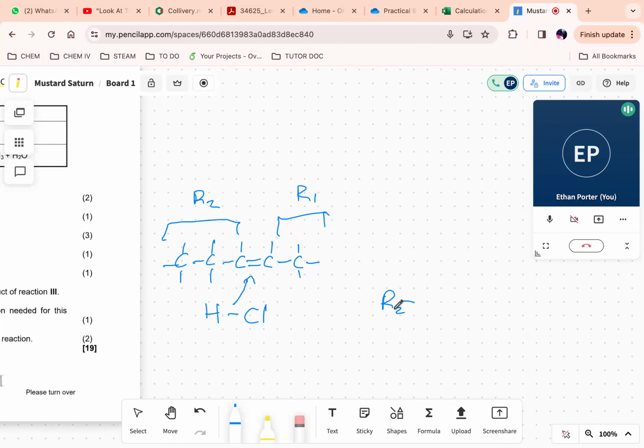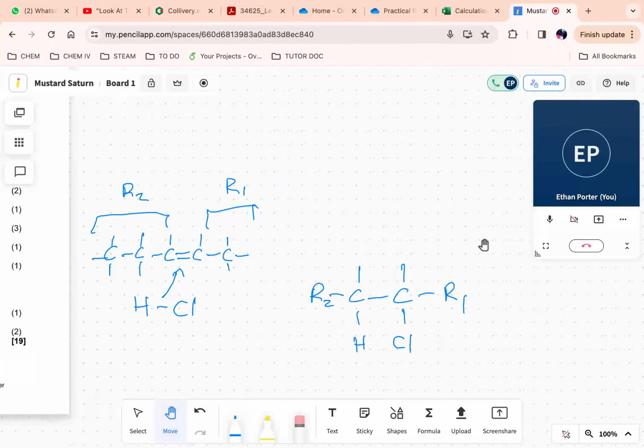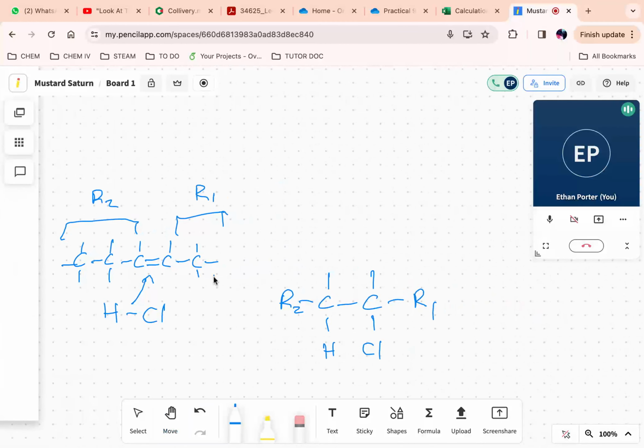So it can add this way. This becomes a single bond, and HCl is added on the same side. Or it can add on different sides.